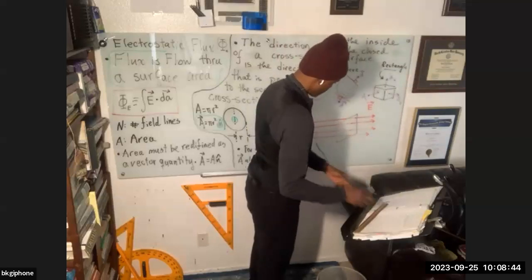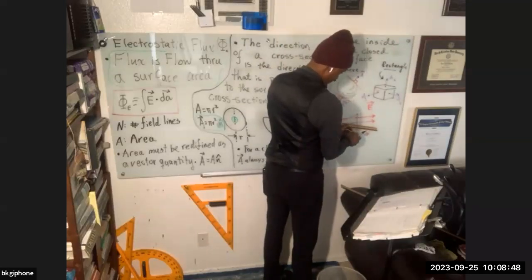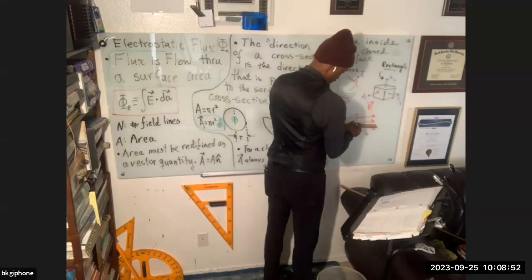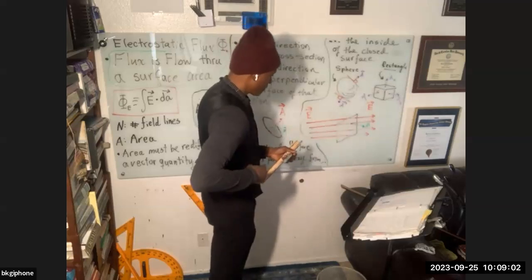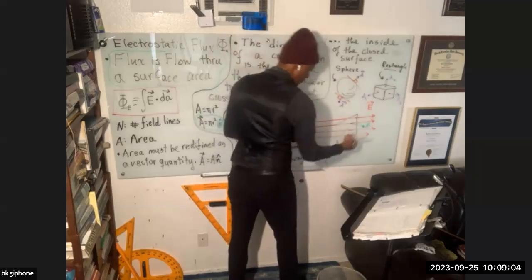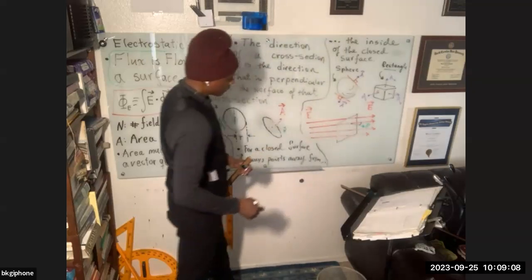Maybe that would be here slightly. So maybe that's A. And so we've got some sort of angle here, right there, with the surface.